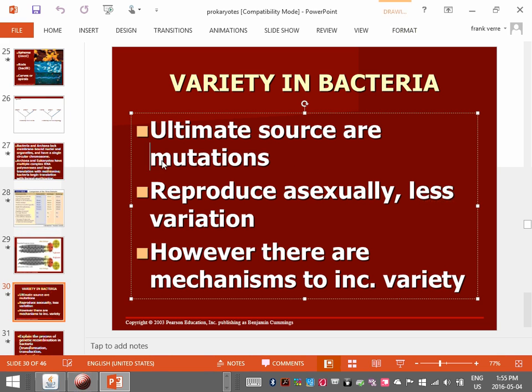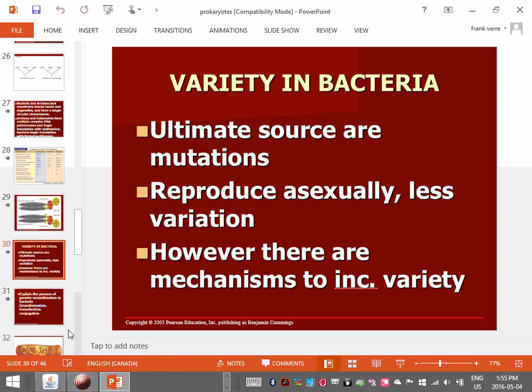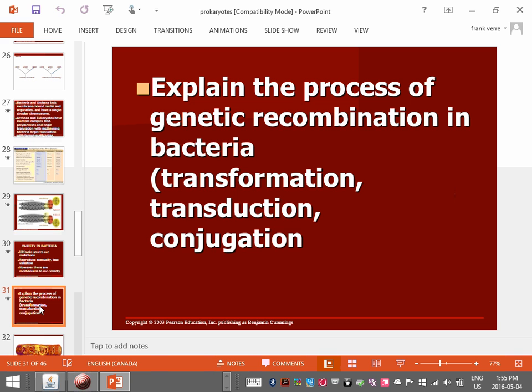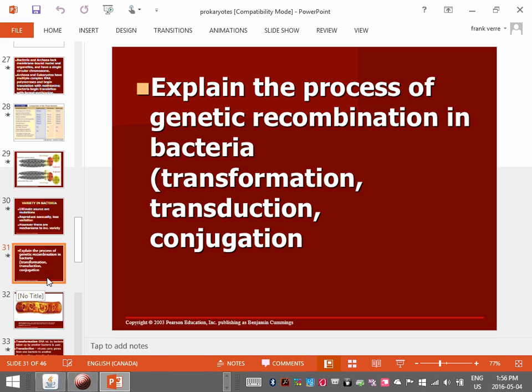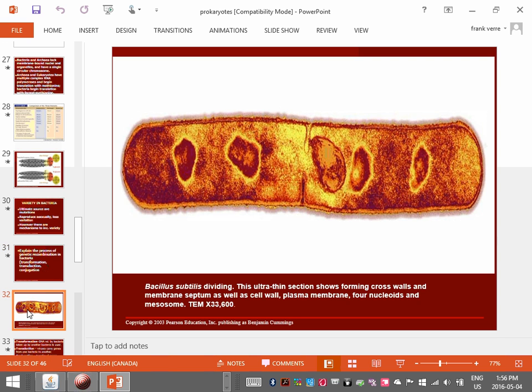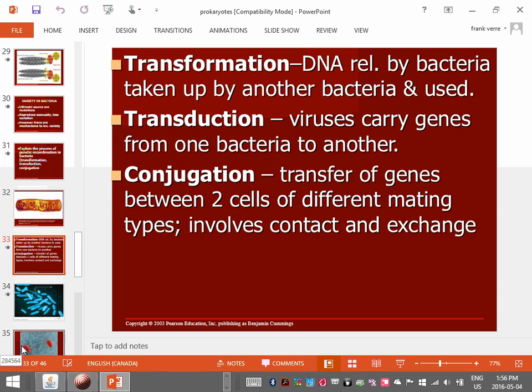Well, one way is through mutation, but another way is actually through some primitive form of sex or the ability to pick up genetic material. So when bacteria reproduce, most likely they'll make exact copies of each other, right? But sometimes we get mutations, and we know that will generate variety. But they also have a few other tricks up their sleeve.